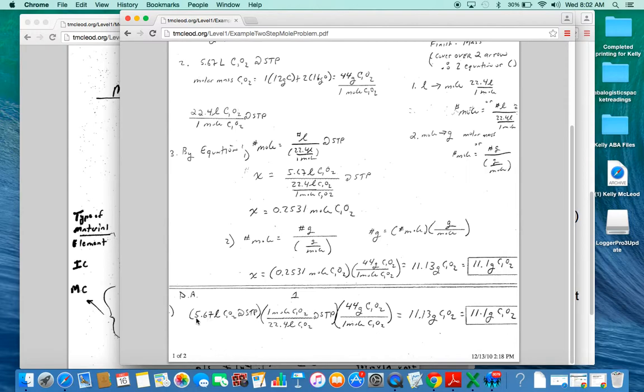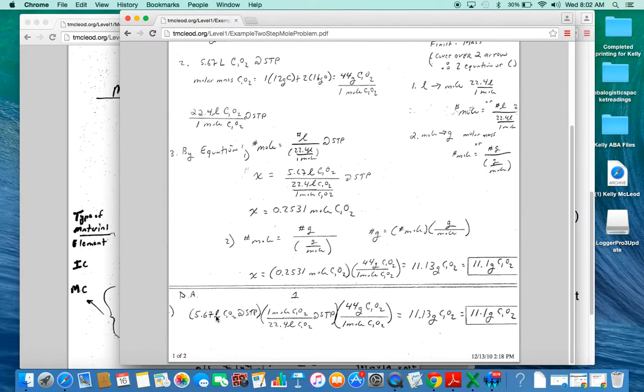If you do it by dimensional analysis, you start out with liters, and this is your first equation above. This will take us to the moles of CO2, and then you want the mass, so this changes it to mass. Again, if you do it by dimensional analysis, that whole thing must be done. Technically, you would have written everything up here, down here, but I didn't do that.